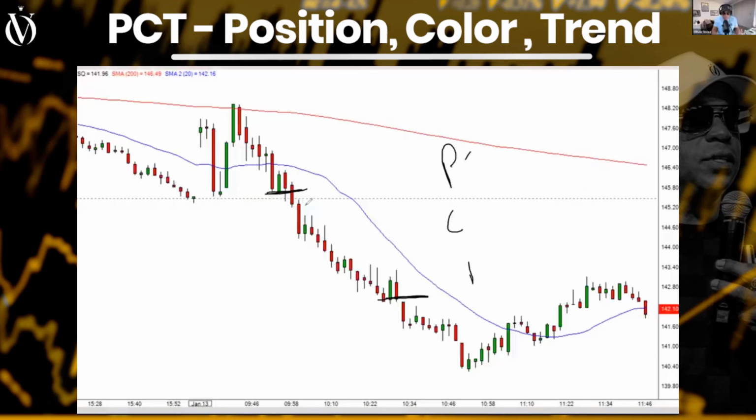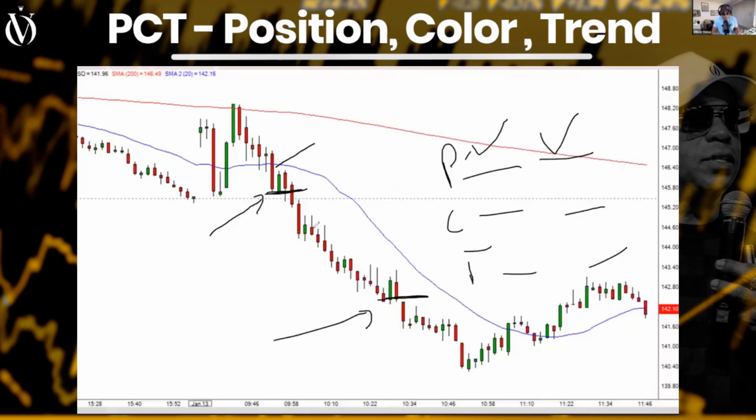PCT test. Position here. We got 2 trades here. Position. Yes, under the moving average. Position here. Yes. Do I have the dominant color? Yes, I have the dominant color now. Power red, sequence of red in a row. All right, I'm playing the dominant color here now.